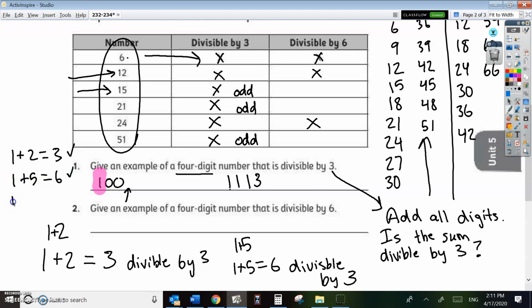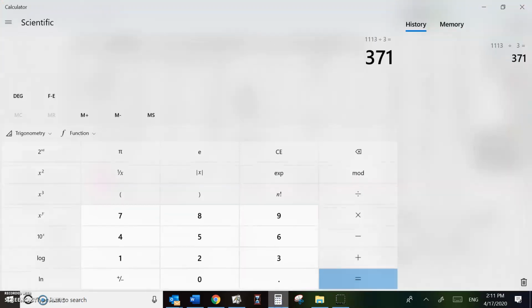That would work. 1 plus 8 equals 9. And that would work. So we could do 1002, 1005. We could also do 1009. Let's check 1002. 1002, is that divisible by 3? Yes, it is. Okay, cool.